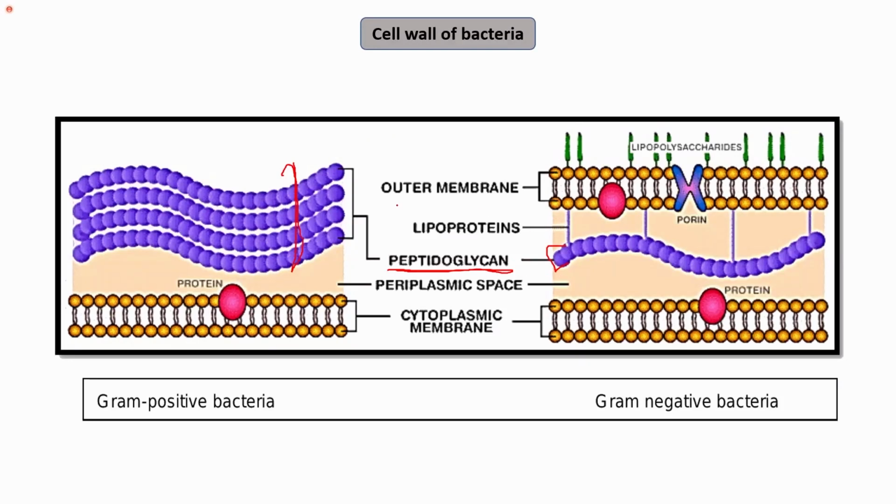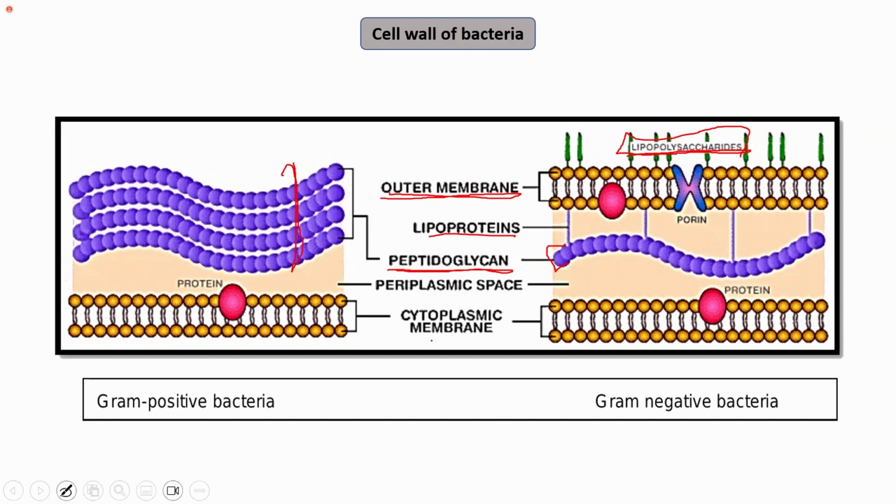Rest, we can see that the gram-negative bacteria have an outer membrane which is made up of lipopolysaccharides. So it is an LPS-containing outer membrane they have, right? They also have lipoproteins, and they have porins that allow the passage of the nutrients from the outer membrane to the peptidoglycan, right?